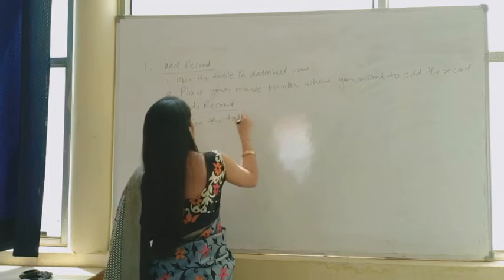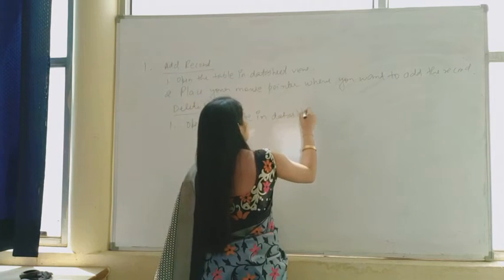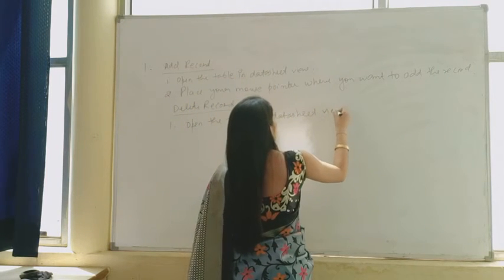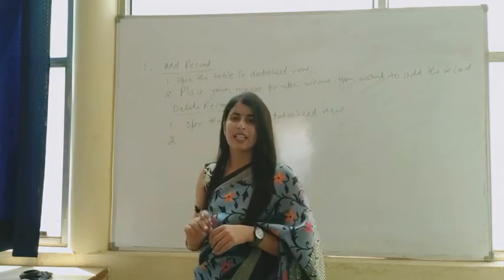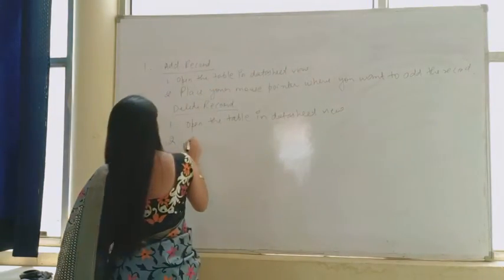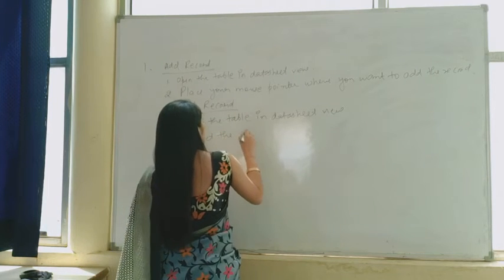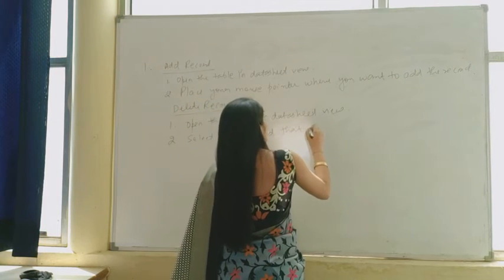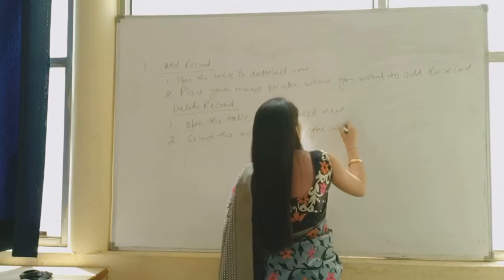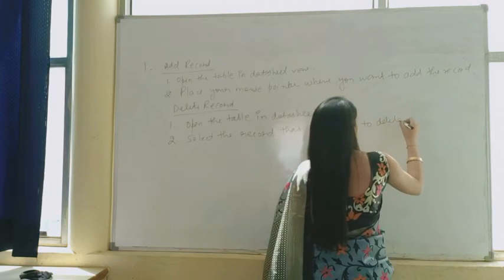So the first step is open the table in datasheet view. After this, select the record that you want to delete.